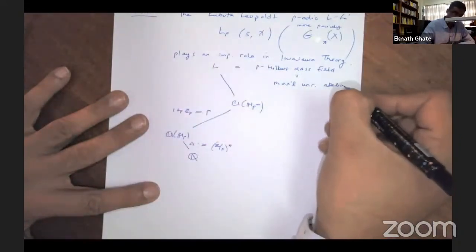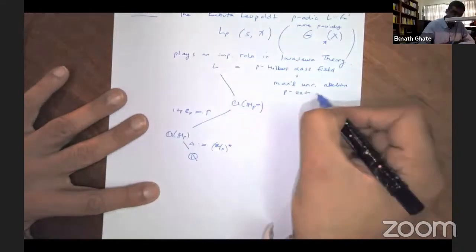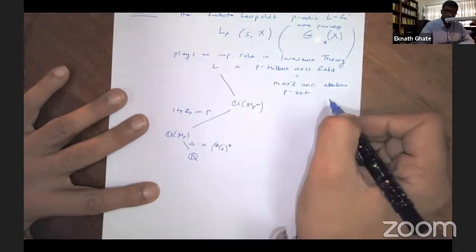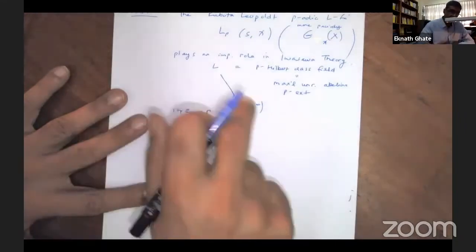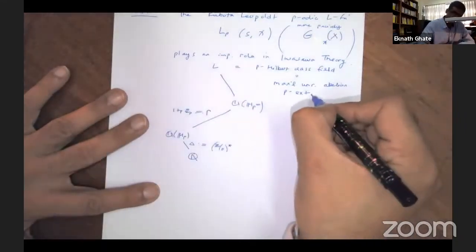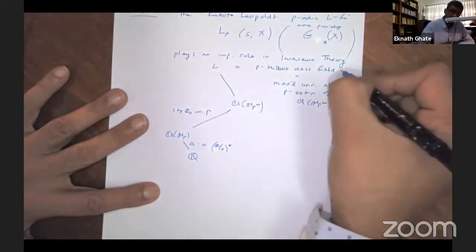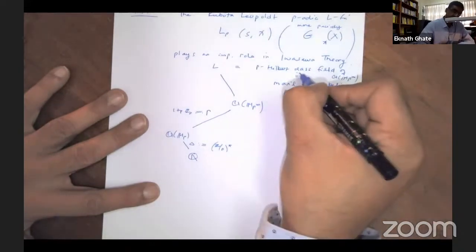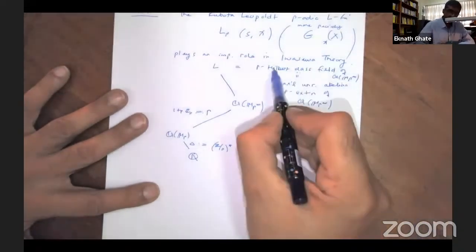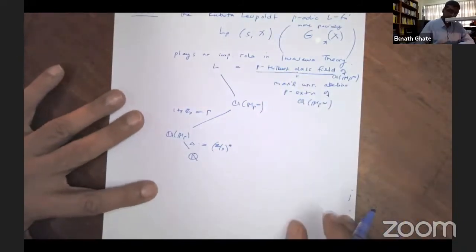Abelian, but not just abelian, it's a p-extension, so only p divides the order of the Galois groups that appear here. So by definition, it's the maximal unramified abelian p-extension of Q(mu_p^infinity).